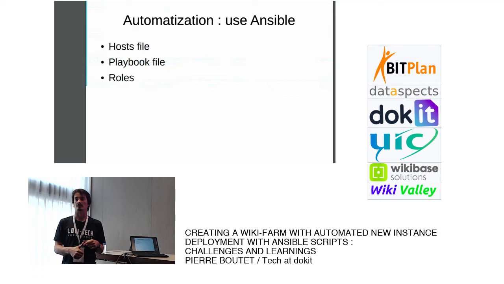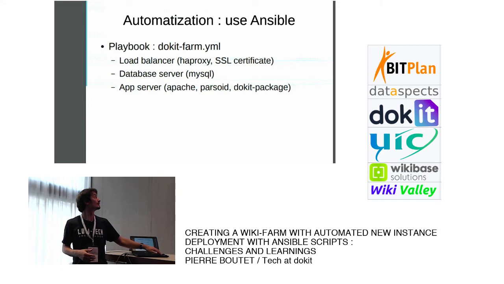Dokit will install Apache, MySQL, MediaWiki, etc. It's in those playbooks that we define all your servers and infrastructure. And I just put roles here, where you can build roles to aggregate some tasks into Ansible roles to make it easy to read.